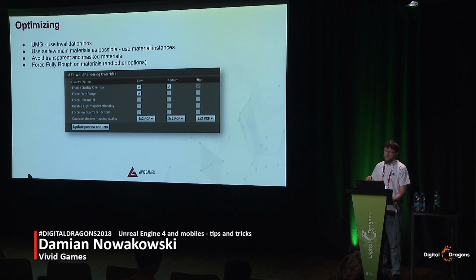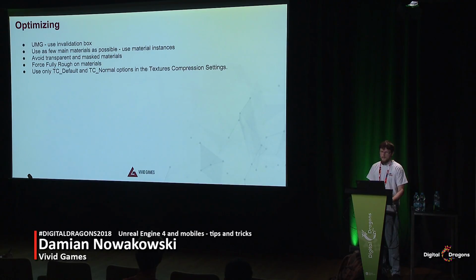If you are not using roughness in your material, you can force it to be fully rough, and there are also other options like removing the metallic parameter from your material, and it will reduce the whole render cost in the rendering pipeline.